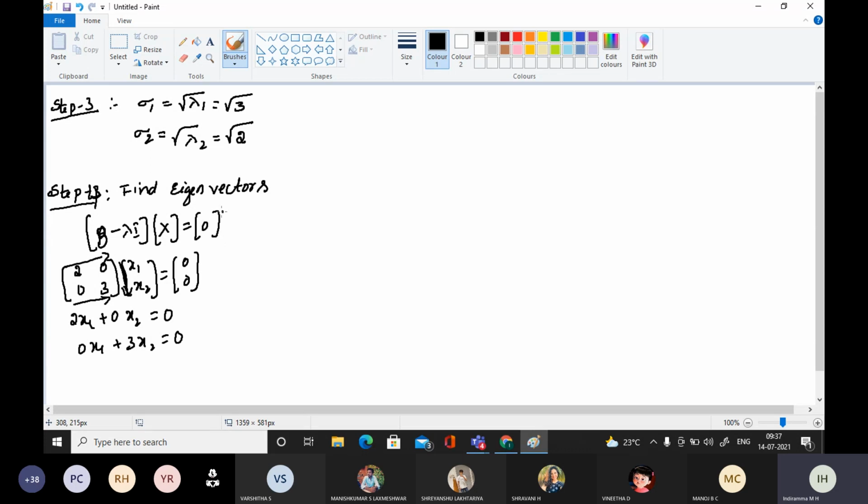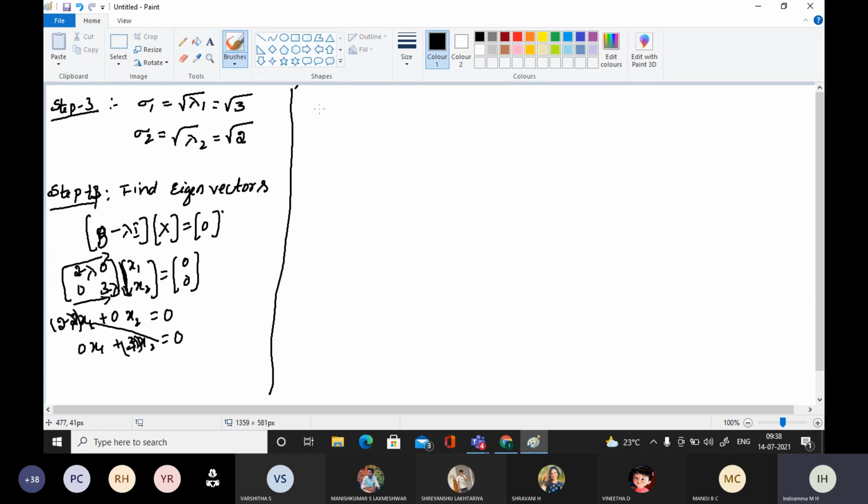By the definition of the eigenvector, you must consider lambda: 2 minus lambda and 3 minus lambda. Yes, it is correct. 2 minus lambda into x1 plus 0 x2, 0 x1 plus 3 minus lambda into x2.